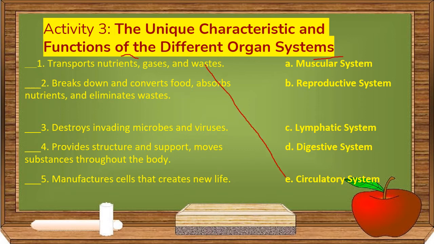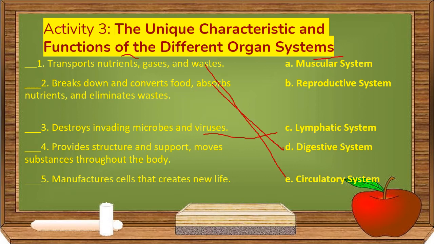It's the circulatory system. Okay, so let's have number 2. Breaks down and converts food, absorbs nutrients, and eliminates waste. It's digestive system. For number 3, destroys invading microbes and viruses. It's lymphatic system, letter C.